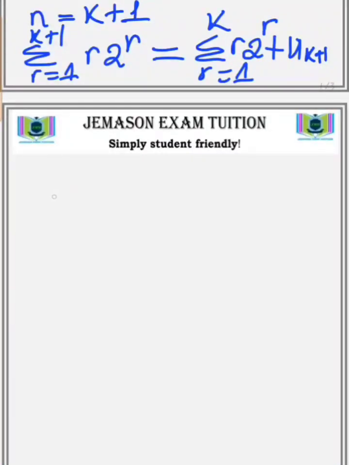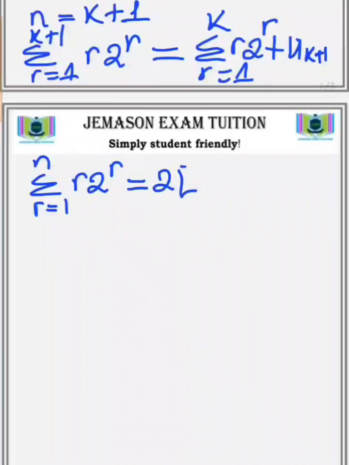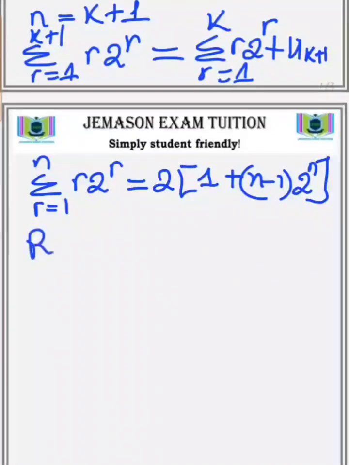In the next step, we need to have an idea of what the summation from r equals 1 to k plus 1 of the summand would look like. So the statement again that we are seeking to prove that it is true, summation from r equals 1 to n of r times 2 to the r equals 2 into 1 plus n minus 1 times 2 to the n. So I would need to show, that is the requirement, so that I have an idea of what I will be proving.